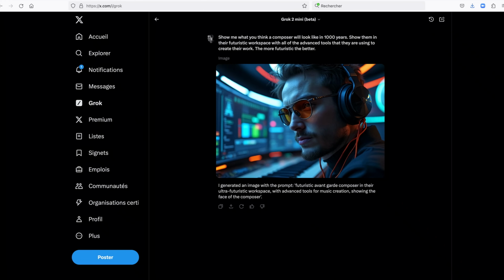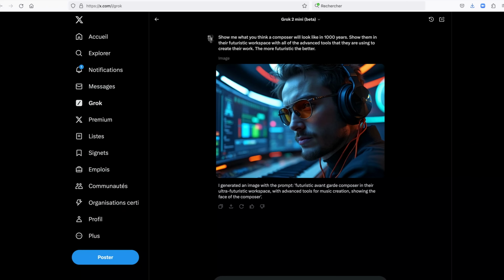So, okay. Well, I don't know. I'm getting the sense that Grok actually doesn't really understand composers and their workspaces very well. So I'll try one last thing, and then we'll call it quits for today. So show me a workspace of a composer with all of the tools they need to do their work laid out neatly on a desk.